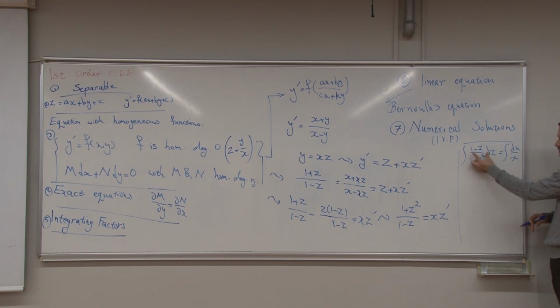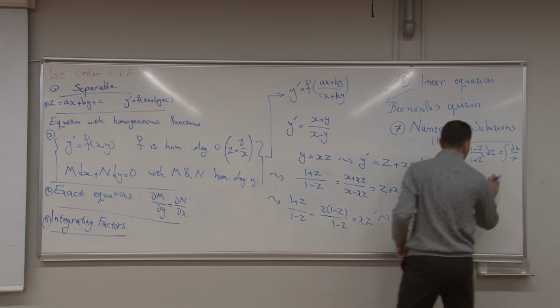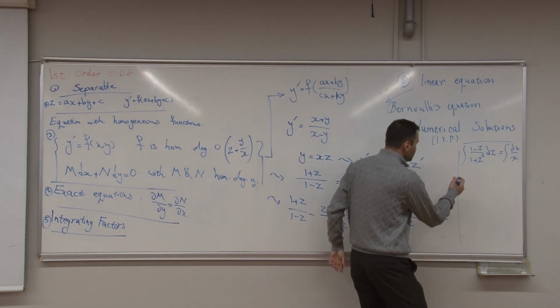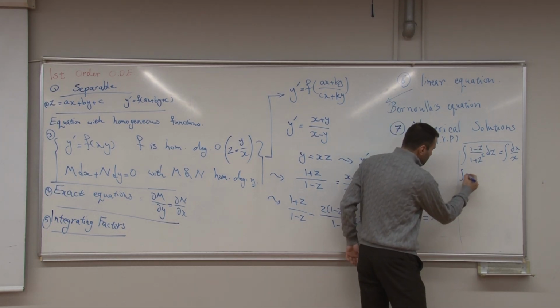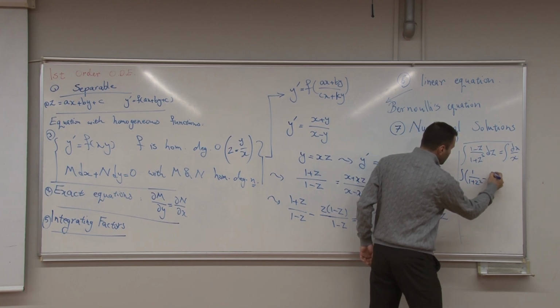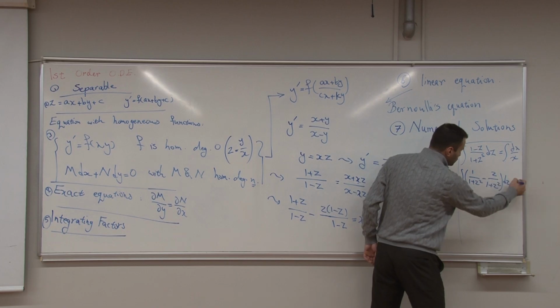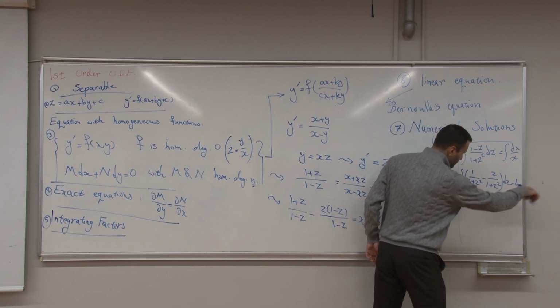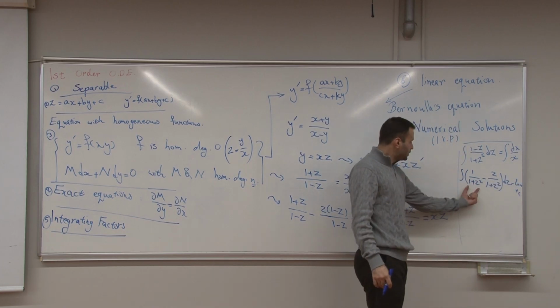We need to break this into two different parts, right? 1 divided by 1 plus z squared, and what was that integral? I do not have that much space, that's why I'm trying to write it compactly. This is equal to ln of x plus c. Okay? What is this integral?